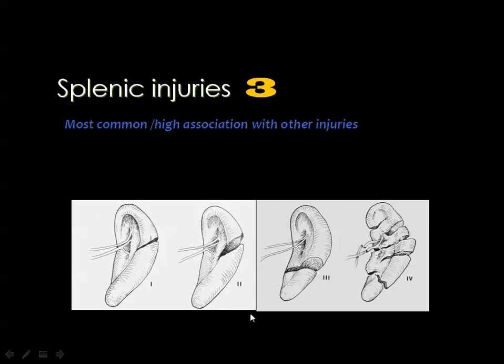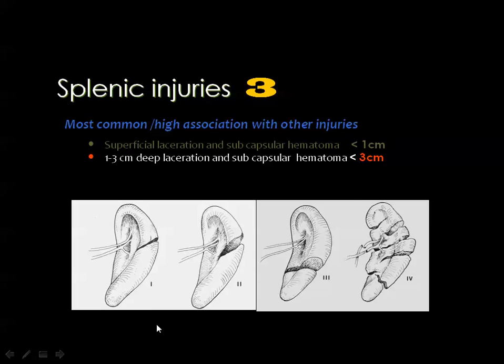And you remember also that the splenic injuries are intimately related to the number 3. Superficial lacerations and subcapsular hematoma less than 1 centimeter are indicative of stage 1 or grade 1 injury. When the laceration is from 1 to 3 centimeters deep with subcapsular hematoma less than 3 centimeters, this is stage 2.